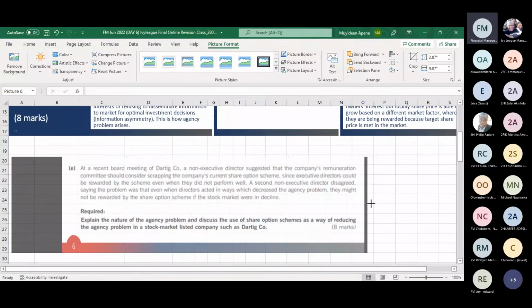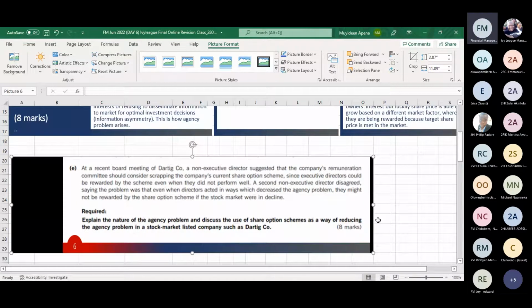So it's saying at a recent board meeting of Datico, a non-executive director suggested that the company's remuneration committee should consider scrapping the company's current share option scheme, since executive directors could be rewarded by the scheme even when they did not perform well.